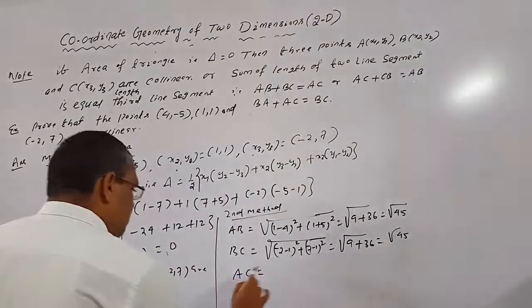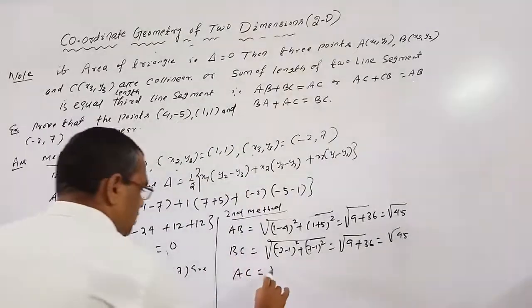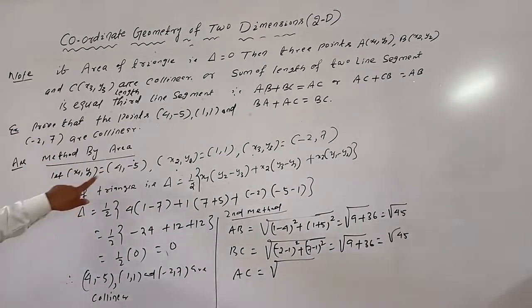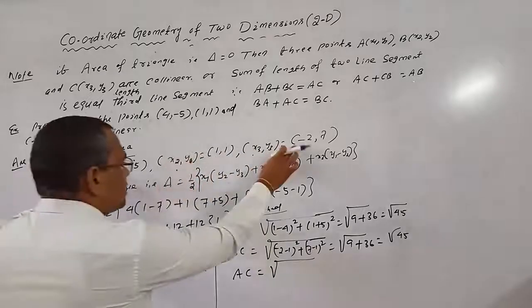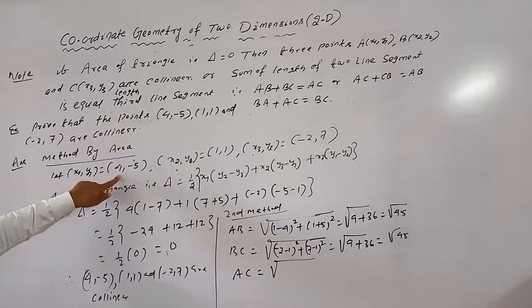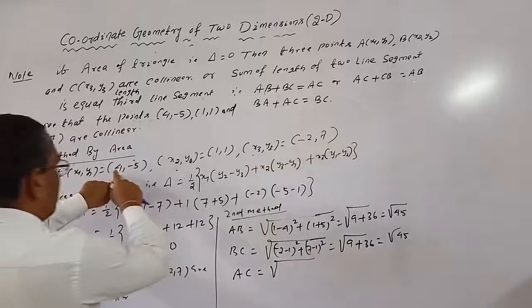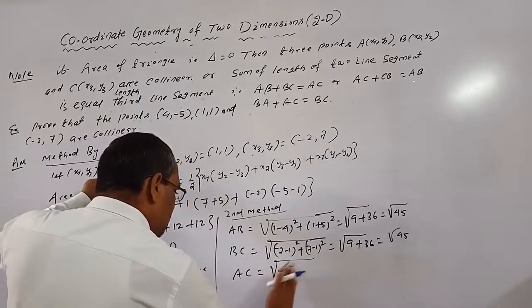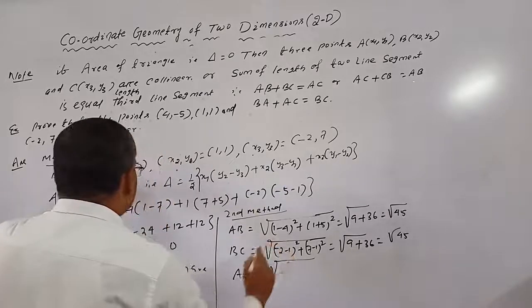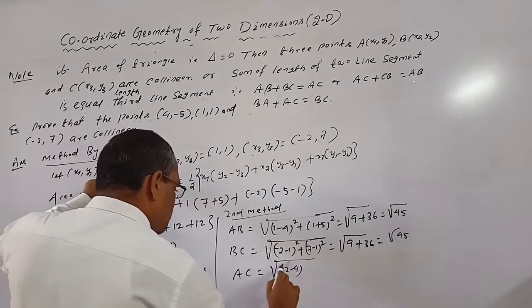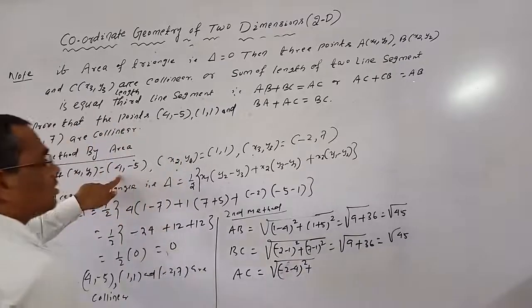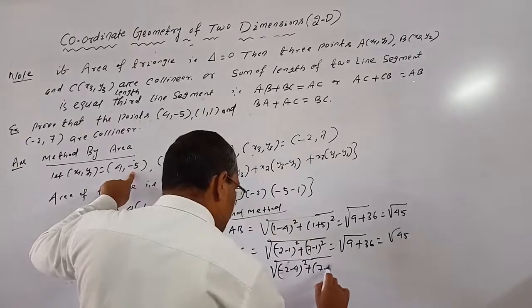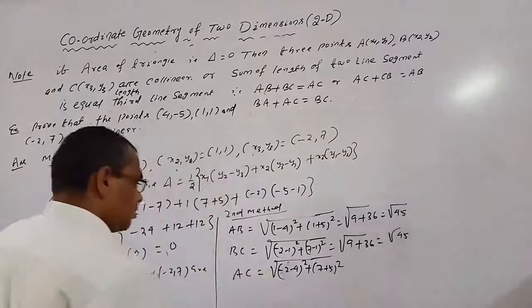AB, BC, AC. Next, AC. So this one is A, B, C. The x-coordinate difference squared: (-2 - 4), that is (-6) squared, plus the y-coordinate difference squared, 7 minus (-5), so 7 plus 5 squared.